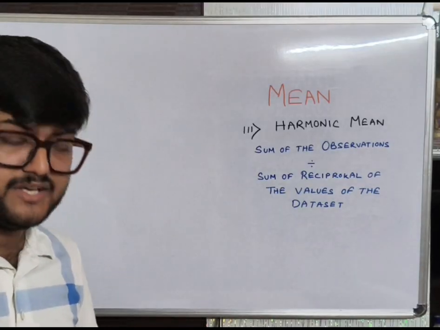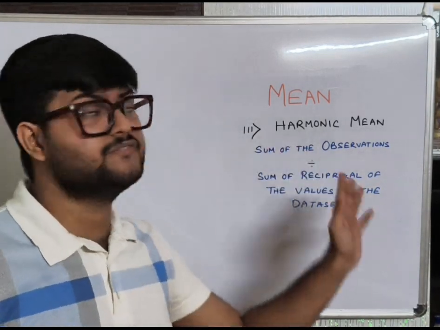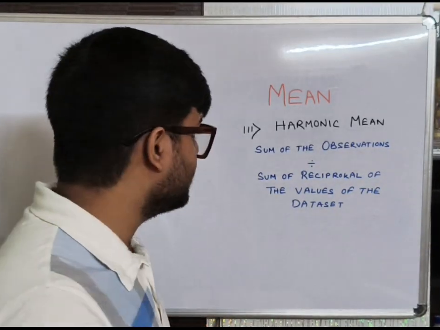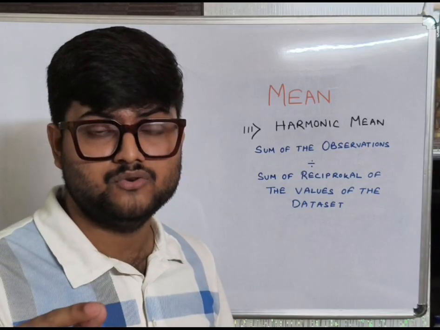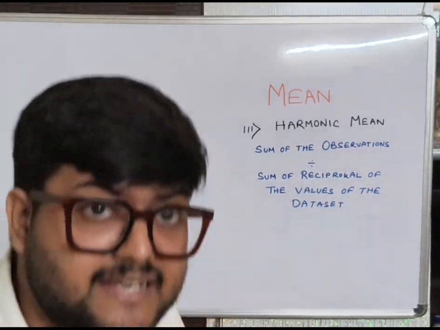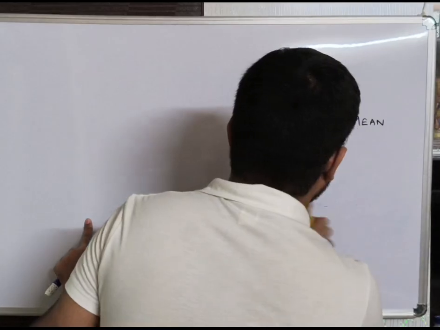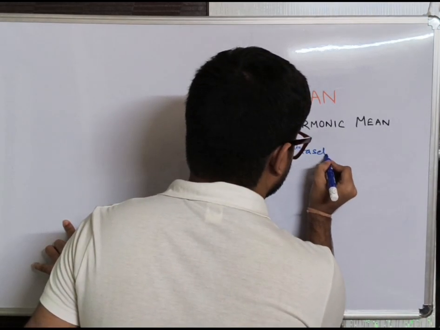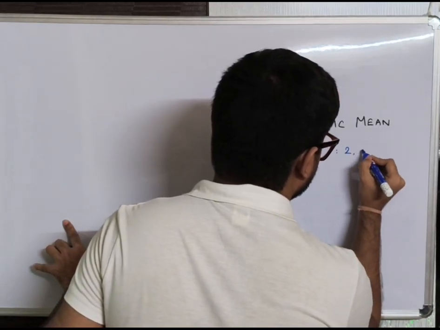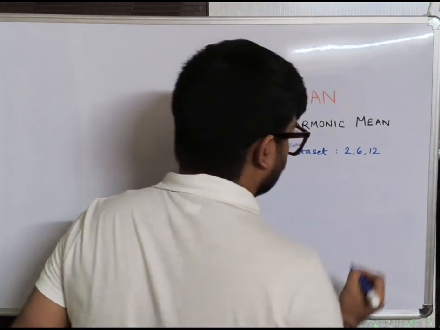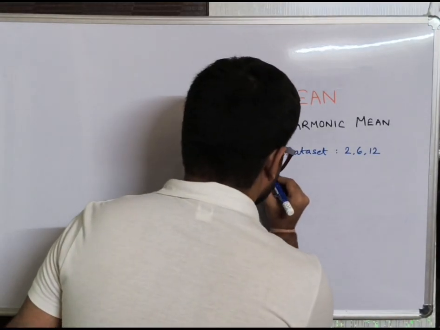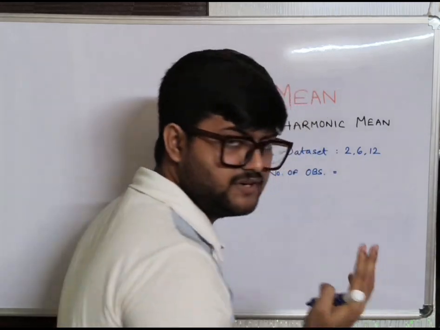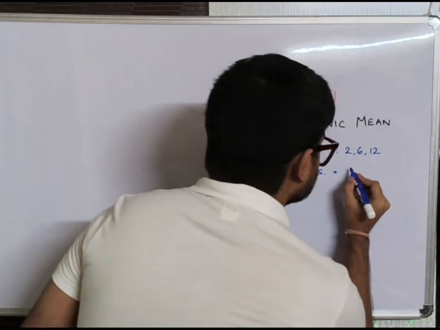So first of all, we need to see the number of observations, like 1, 2, 3, 4, 5, then we divide that by the sum of the reciprocals of each value of that data set. We'll see that with an example. Let's say the data set is 2, 6 and 12. The number of observations in this case is 3.